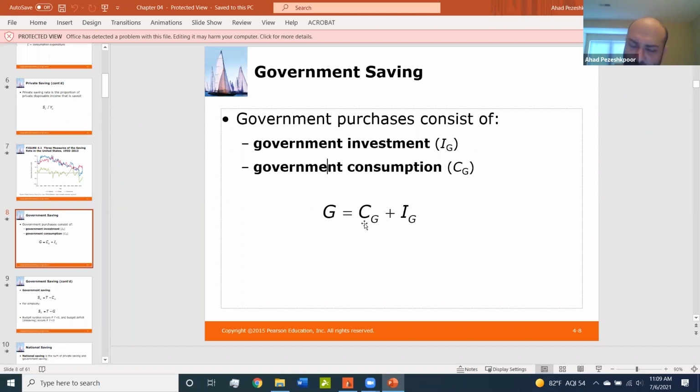But many governments in the world do it. They make some money through taxation, and then they choose whether to consume it or invest it. This investment could also be giving loans to other countries. I give a loan to this country, for example, for 5% interest. This could be giving loans to companies.